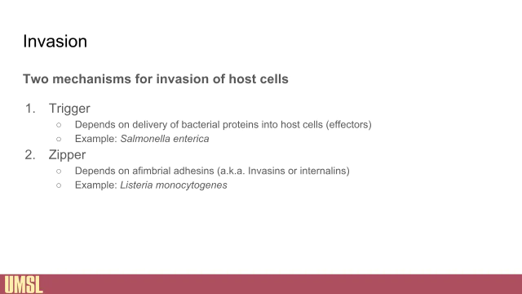So there are some advantages to using enterocytes, both in terms of probability, like, hey, I can show up, I can get anything to do what I want, as well as what happens on the other side of that basolateral membrane. So I'm talking about two mechanisms, the trigger mechanism and the zipper mechanism, and there's a spectrum of things in between, but these are the two most fundamentally important that I would want you to understand from a course like this.